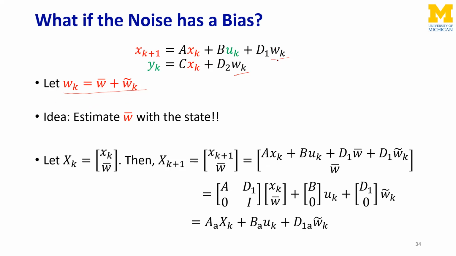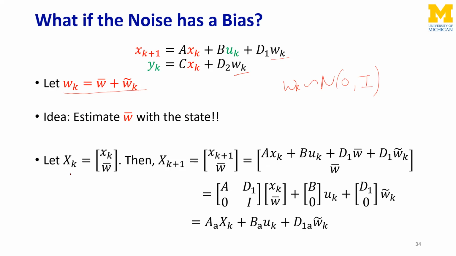The optimal estimator only works when WK is Gaussian. I mean, it works in every case because it's in a computer, you can implement it, but the result that we showed you, that KK given by that specific expression is the optimal estimator, will not hold true. So what do we do in this case? Well, what we can do is assume that this unknown bias, W hat, is a component of the state.